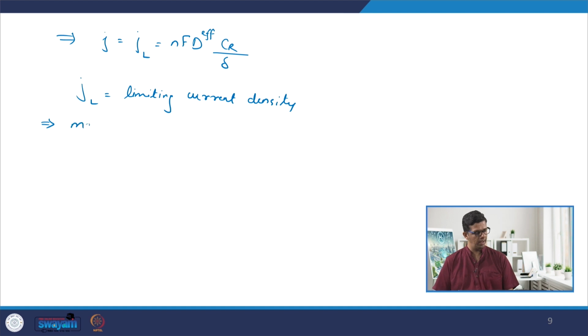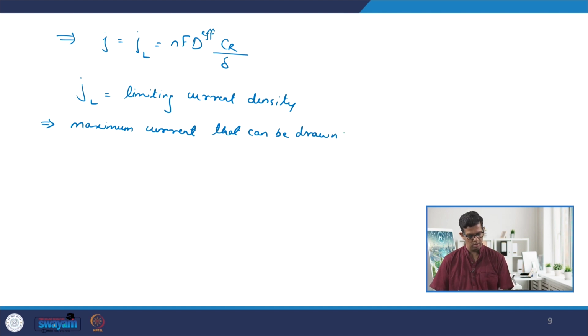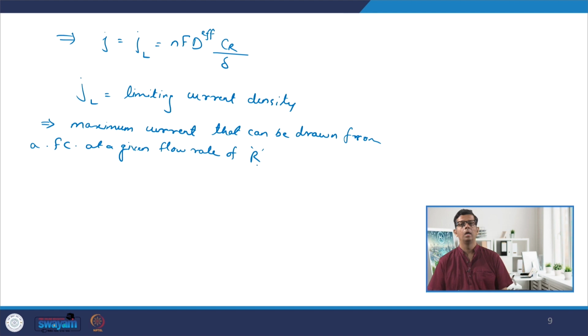It is the maximum current that can be drawn from a fuel cell at a given flow rate of reactant species.